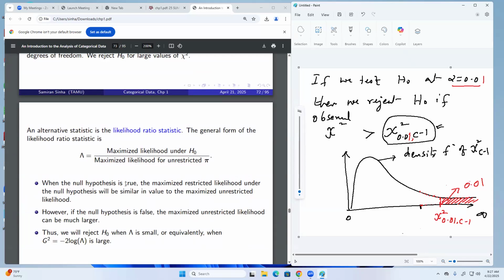And the general form of the likelihood ratio test is you calculate the generalized likelihood ratio, denoted by capital lambda, which is the maximized likelihood under the null hypothesis divided by the maximized likelihood under the alternative hypothesis. And the test statistic is given at the bottom line.